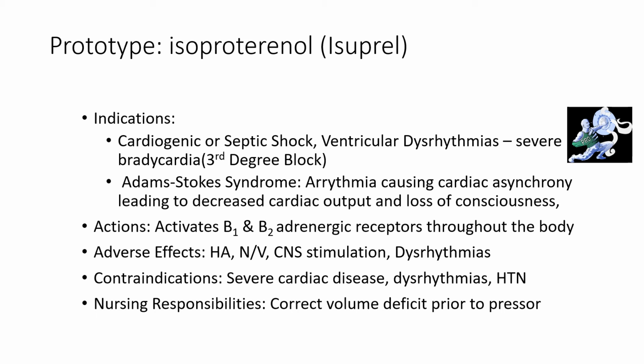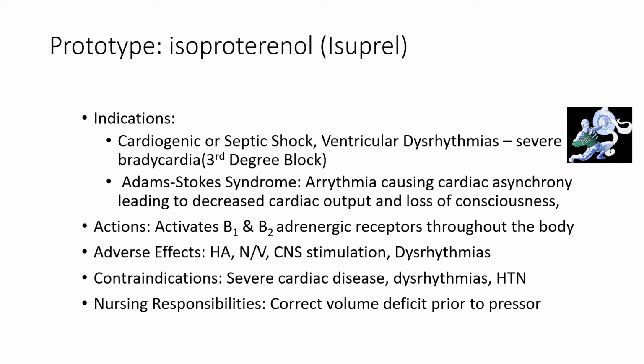Say we're treating someone who has low blood pressure, there's no sense in forcing the heart to beat faster and harder if they don't have enough blood volume in the whole system. So we always make sure that they have proper blood in the whole system that can be pumped before we actually use a pressor agent.